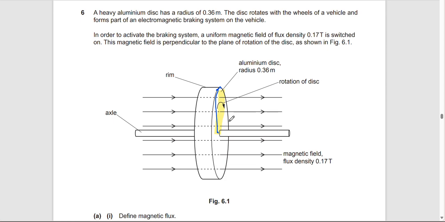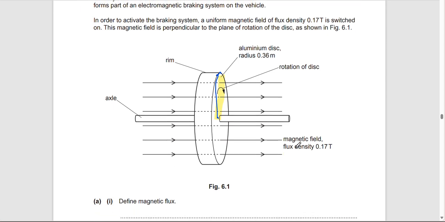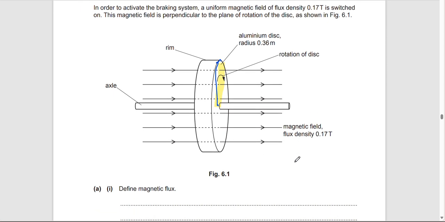This magnetic field is perpendicular to the plane of rotation of the disc as shown in Fig 1.6. So we have the direction of the magnetic field going from left to right. Rotation is into the page.